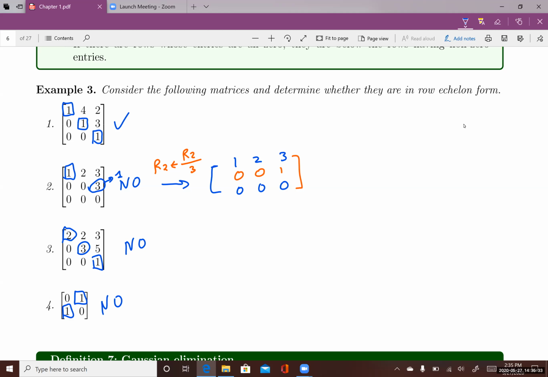The only problem is that we need to make this equal to 1, and we need to make this entry become 1, right? And we can do it simultaneously here. Row 1 becomes row 1 divided by 2, and row 2 becomes row 2 divided by 3. So the new row 1 will be 1, 1, 3 over 2. The new row 2 will be 0, 1, and 5 over 3, and we keep row 3 as it is.